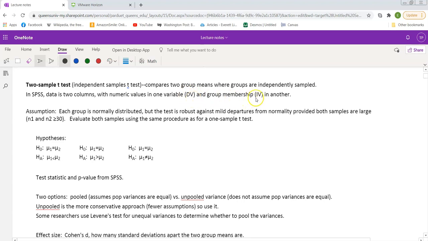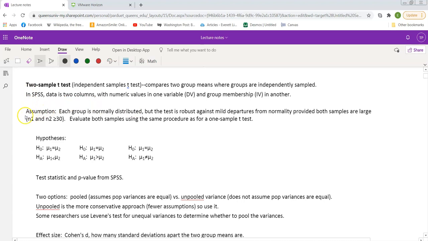We generally think of the independent variable predicting the dependent variable. And that's really what we've got going on here. We can't say it's cause and effect, but we want to know if basically being a boy or a girl has a bearing on your attention span.